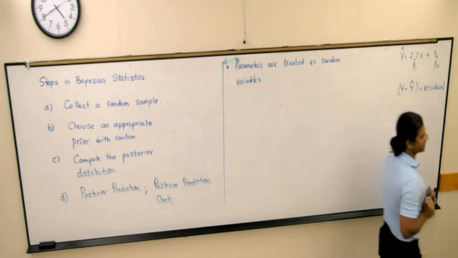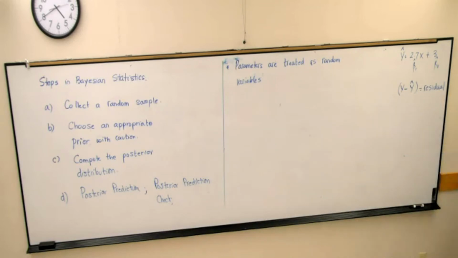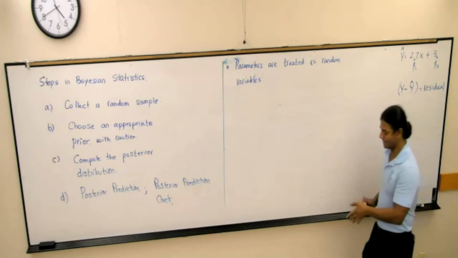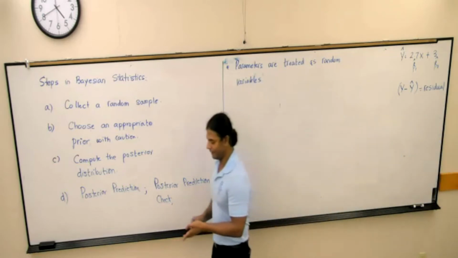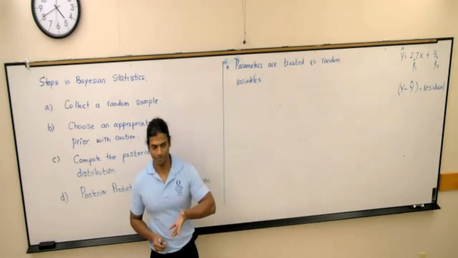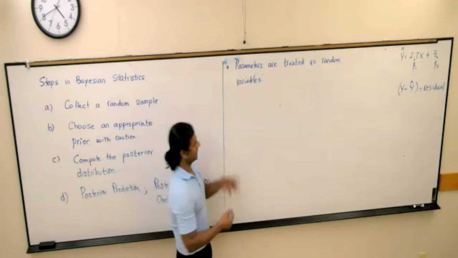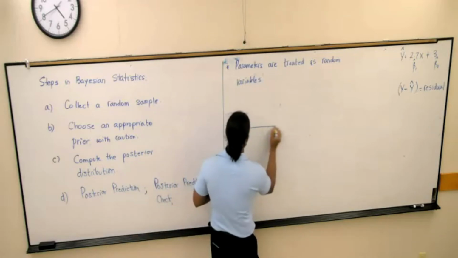The parameters are treated as random variables. In other words, when we estimate a value for a parameter, it is going to have its own distribution. Now, you may say, well, isn't that the case with a sampling distribution? What is a sampling distribution? Let's say sampling distribution of mean.